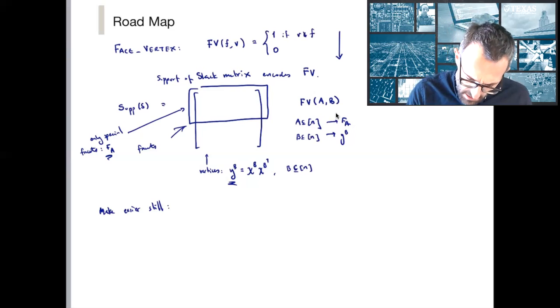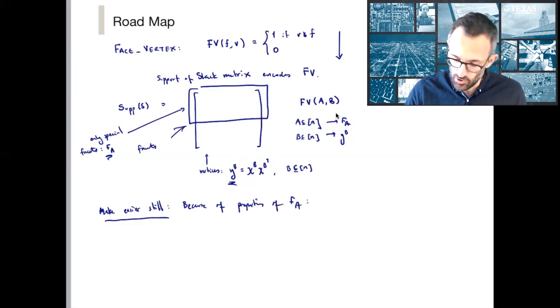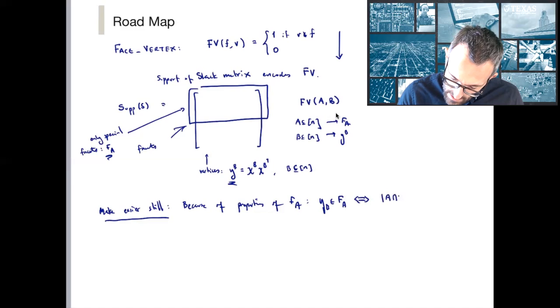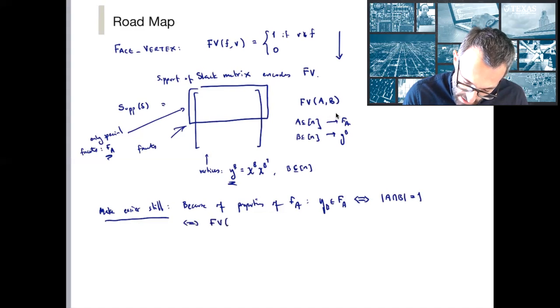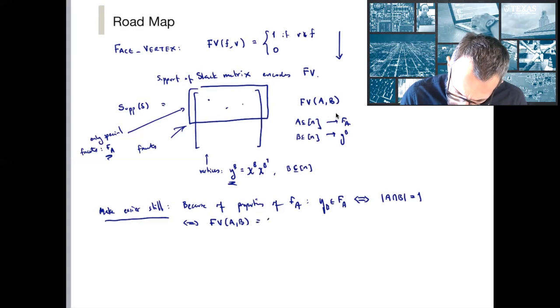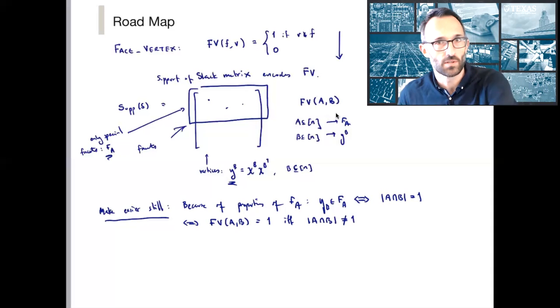So again, because of the special properties of F_A, now you'll have to look back at the last lecture to remind yourself of this, we know that Y_B is an element of F_A if and only if A and B have intersection 1, which is equivalent to saying that FV of AB, in other words, every entry of this restricted matrix, is equal to 1 if and only if A intersect B is not equal to 1, which means that the intersection of A and B could have cardinality 0 or 2, 3, 4, something bigger.